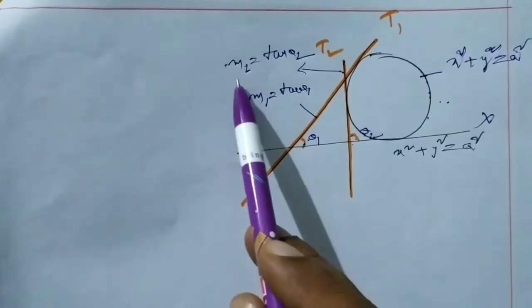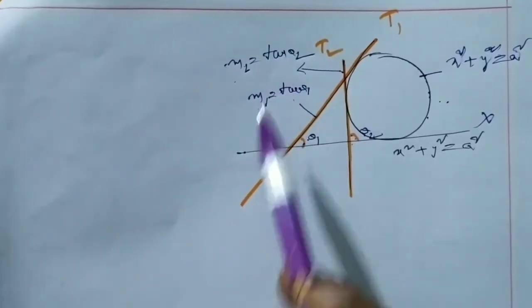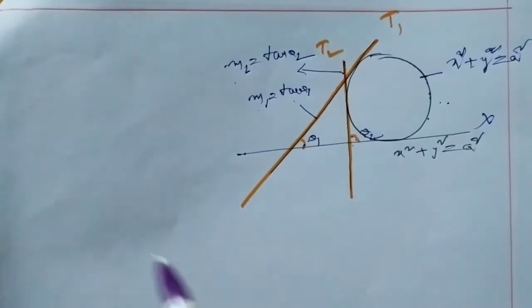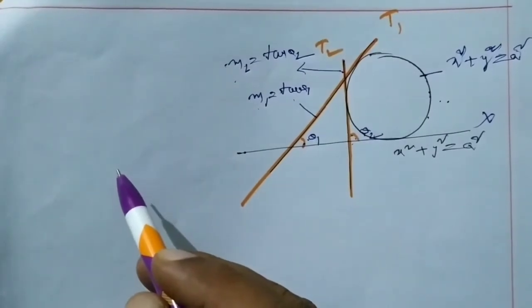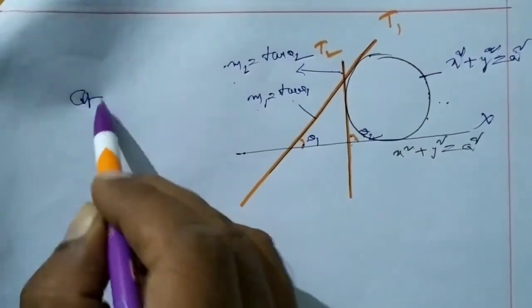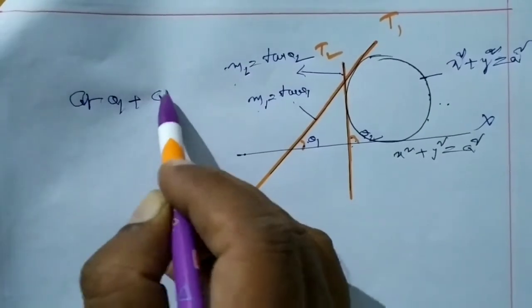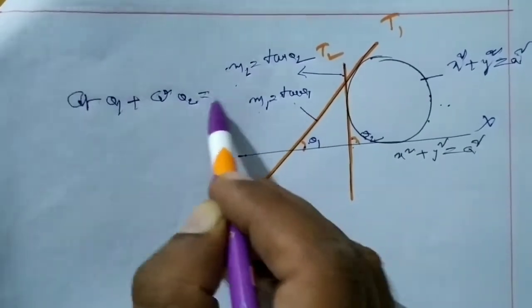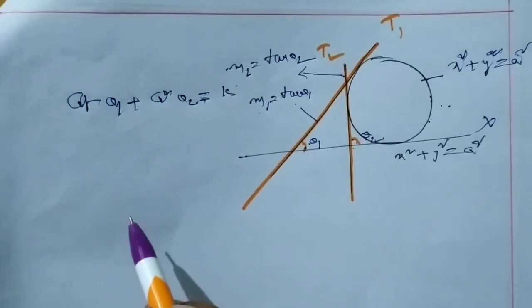So their slopes m1 and m2 are tan theta 1 and tan theta 2. From the given data, the given condition is cot theta 1 plus cot theta 2 is equal to K.